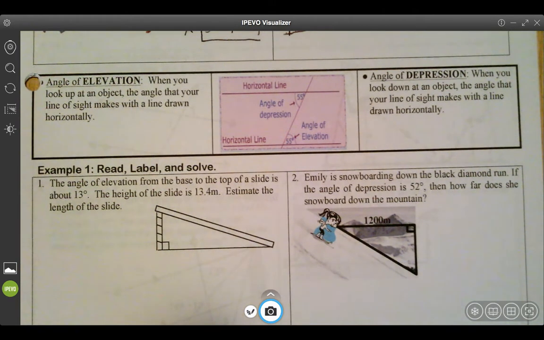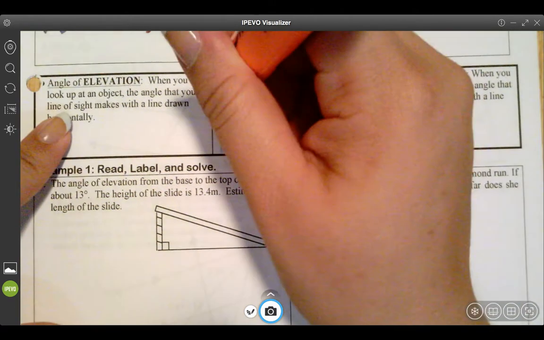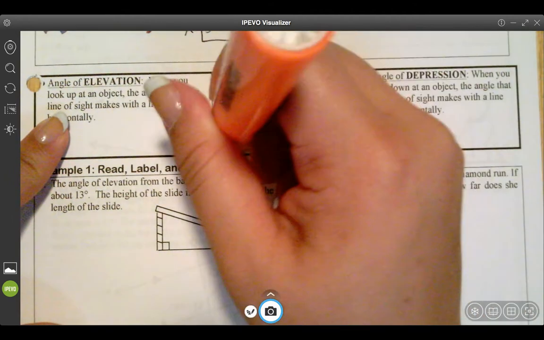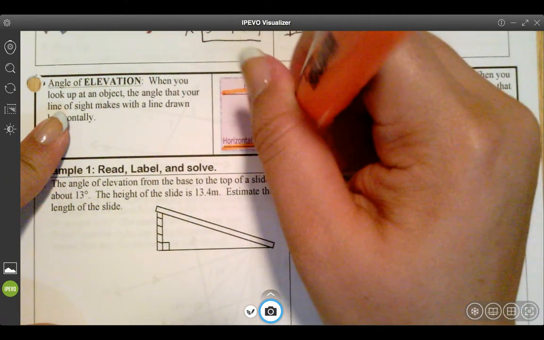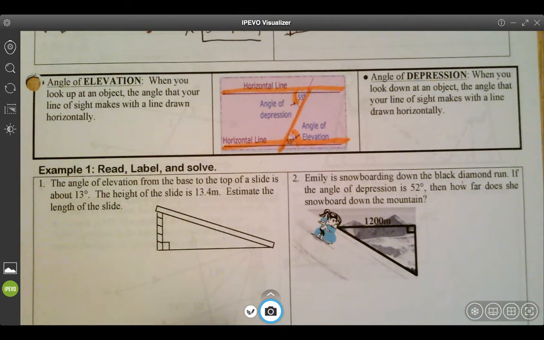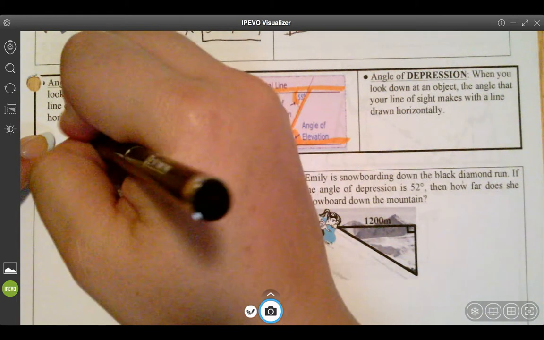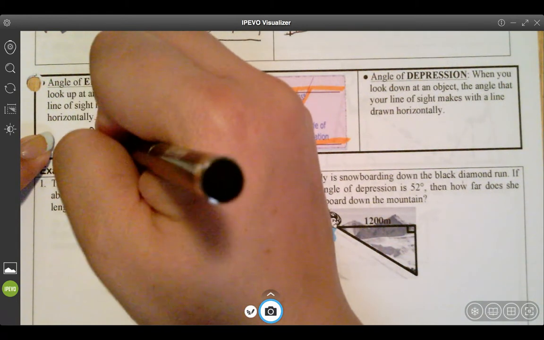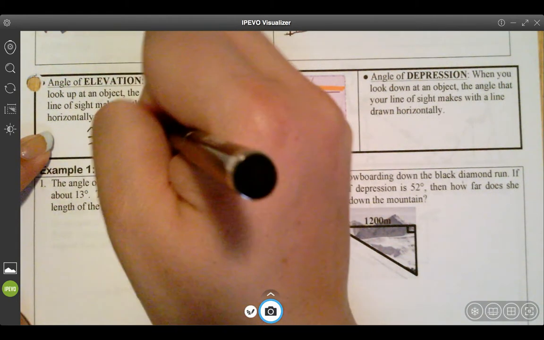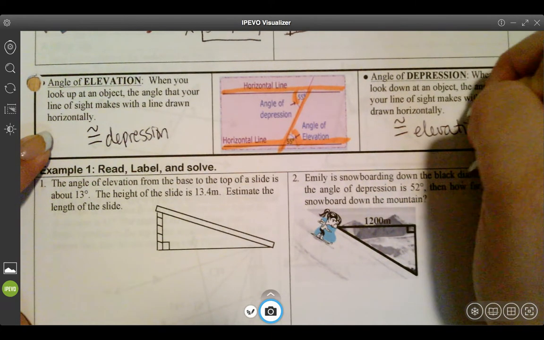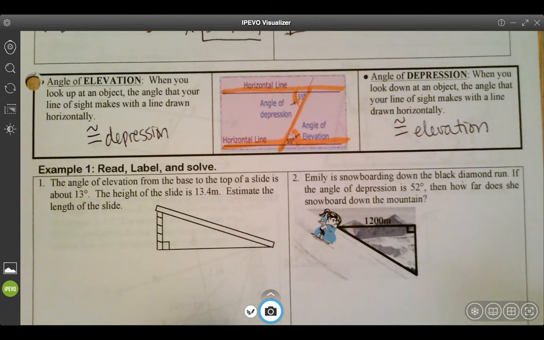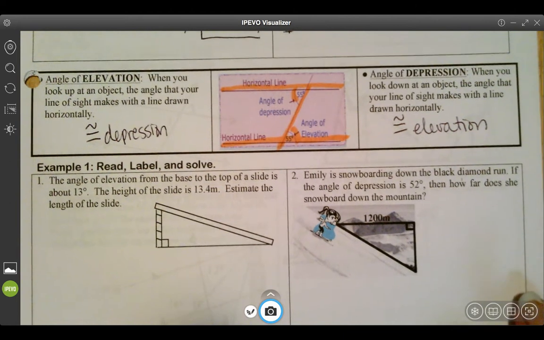Now, the nice thing is that they're both measured from horizontal, and therefore these two lines are parallel and cut by a transversal, giving us alternate interior angles. And so the angle of elevation and the angle of depression are congruent. And we will use that several times.